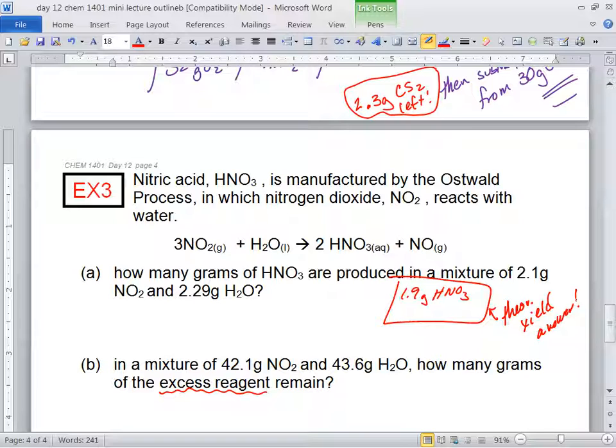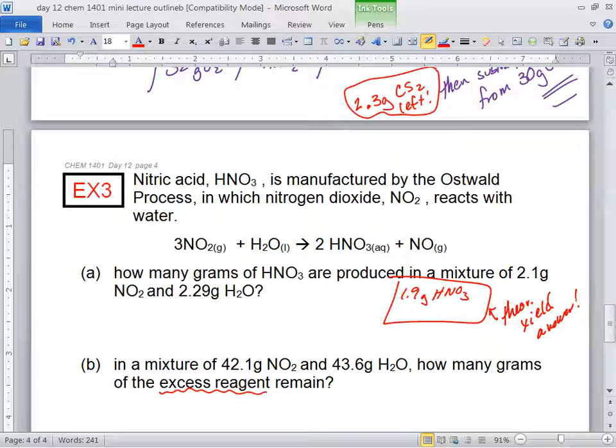So in part B, just pick a product, right? And convert to moles of that product to save yourself a little bit of time. Lorena, did you do that? Are we supposed to, because like NO2 there's none left, right? For part B, that's a different mixture though. They have 42.1 grams of NO2 and 43.6 grams of water. So it's going to be the same as EX2.